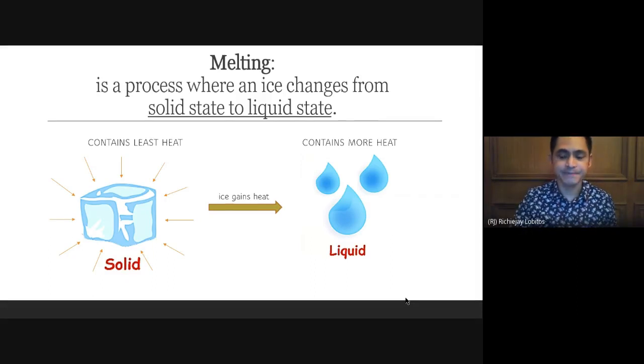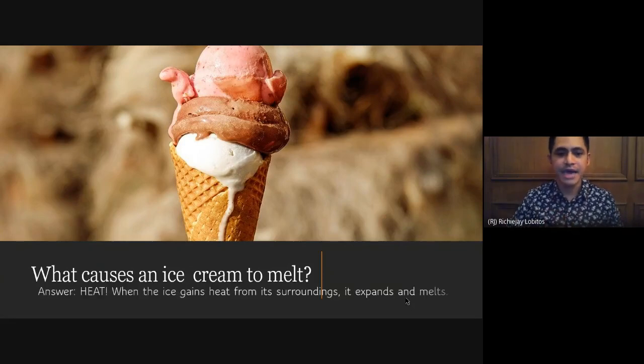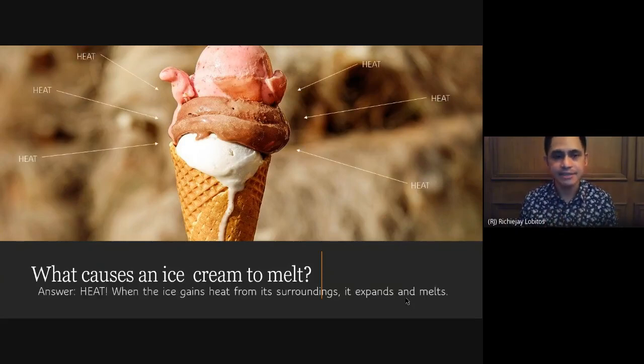That is melting. So from the start of our lesson, I asked you what would happen to ice cream if you don't eat it long enough. And we learned and observed that most of the time, it will eventually melt, it will slowly melt. The reason is because of the heat.